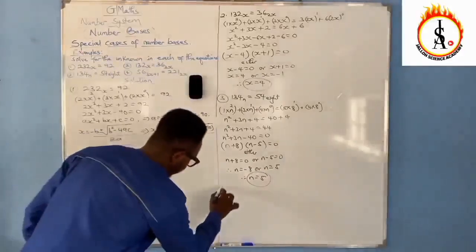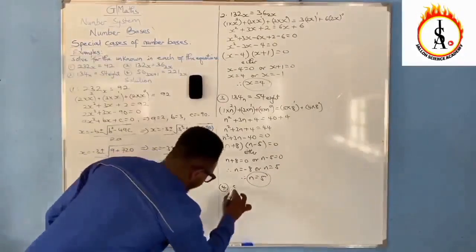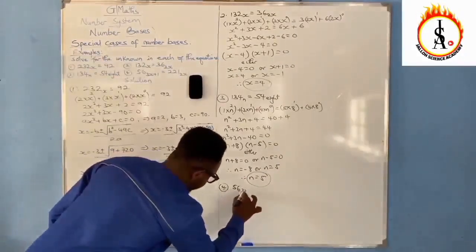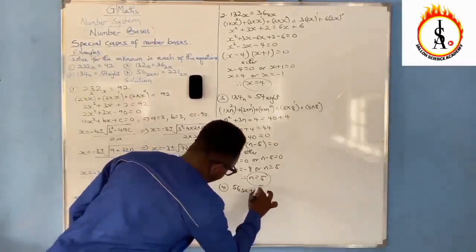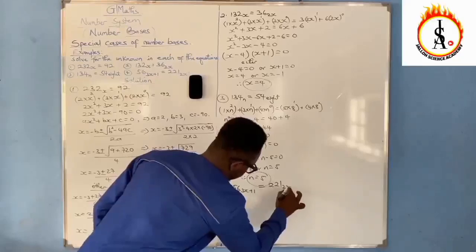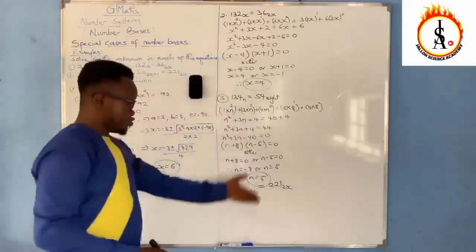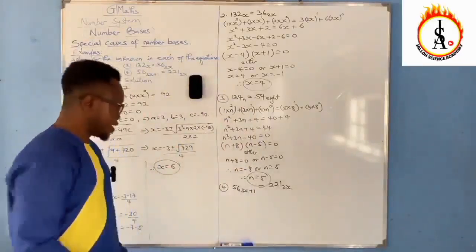The fourth example. The fourth example here is 56 base 3x plus 1 is equal to 221 base 2x. So like we did for the previous, we're also going to convert this to base 10.